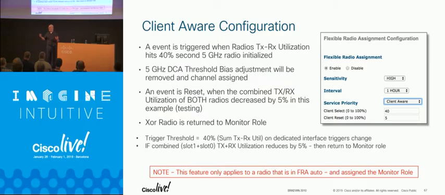And we're looking for a percentage to drop back from that threshold. So we trigger and pull the other 5 gigahertz radio on based on one radio's utilization, because it's the only one that's active. Once both are active, we're looking for a percentage of reduction in both radios' utilization to revert it back to a monitor role. And at that point, everything goes back to reset. So that's a nice feature for surprises.